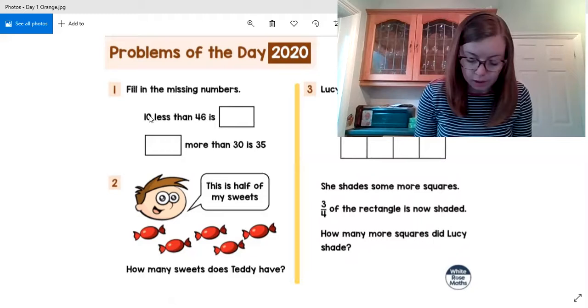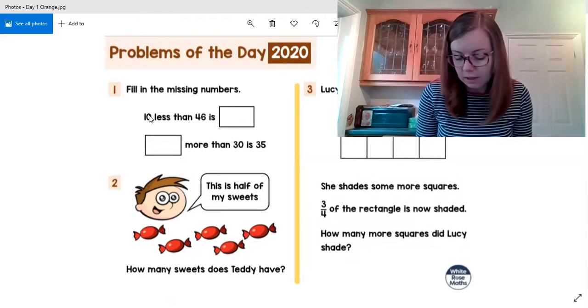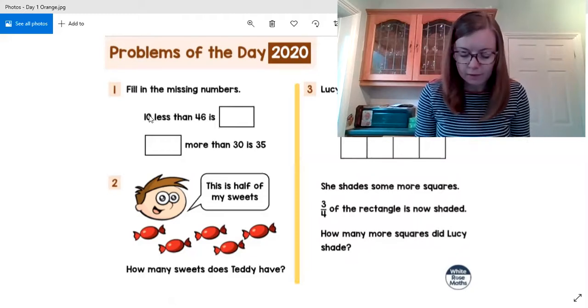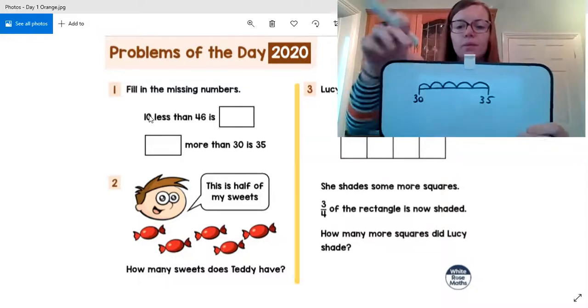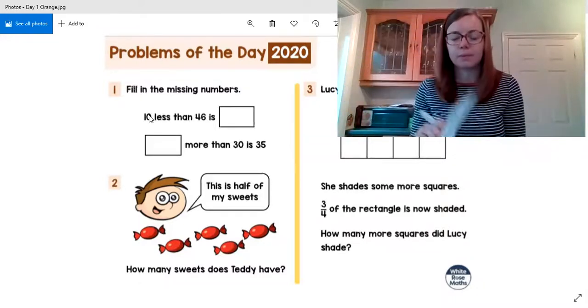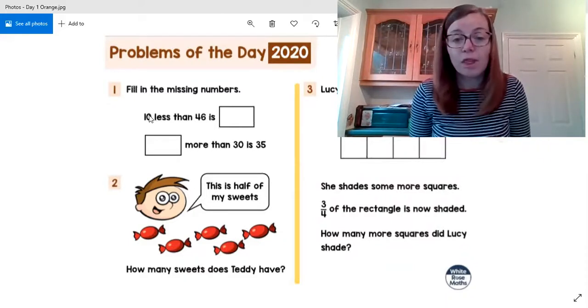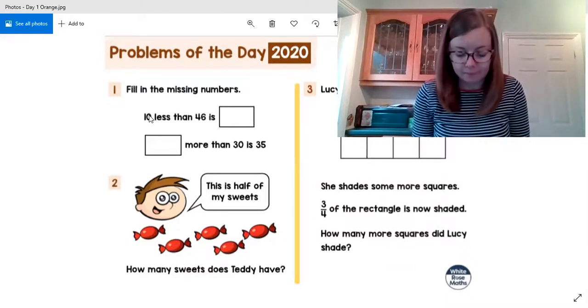So we're going to hop along our number line to 31, 32, 33, 34, 35. And then we're going to count how many hops we did. So we did 1, 2, 3, 4, 5 hops. So there is 5 more than 30 is 35.